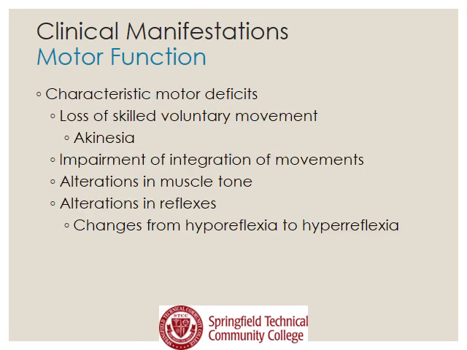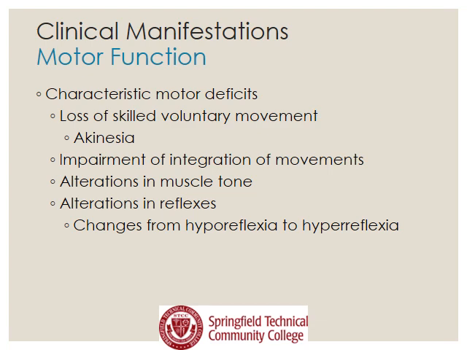Characteristic motor deficits that occur in stroke can be akinesia, which is a loss of skilled voluntary movement. Patients can have impairment of integration of movements and alteration in muscle tone and reflexes. And the muscle tone and reflexes are pretty characteristic. Patients can initially be completely flaccid with their muscle tone, and then they can get spastic after a couple weeks.